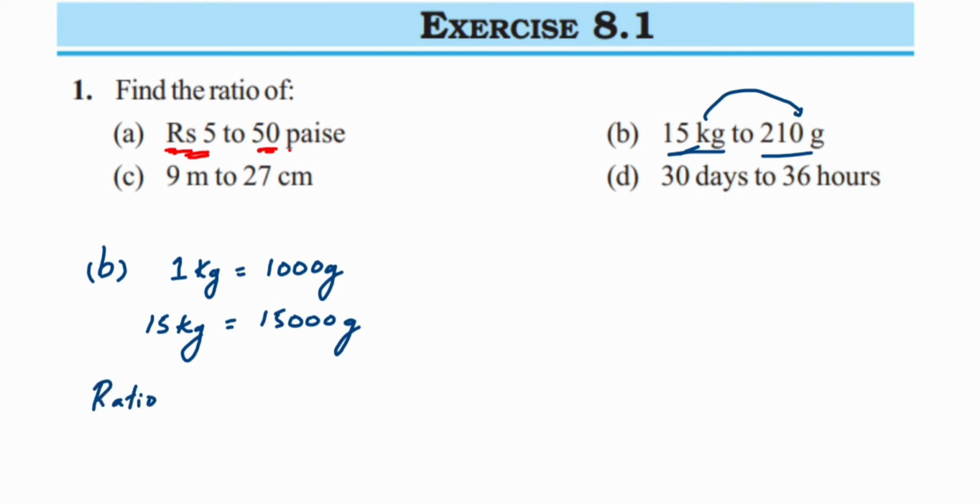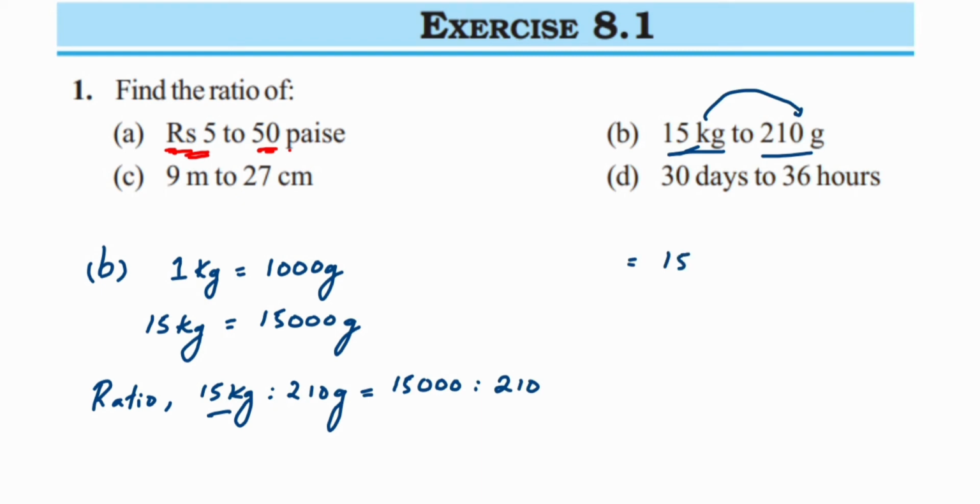The ratio of 15 kg to 210 grams will be, instead of 15 kg, 15,000 is to 210. Again we're going to reduce this. Make sure that whenever you write a ratio, it is in reduced form.